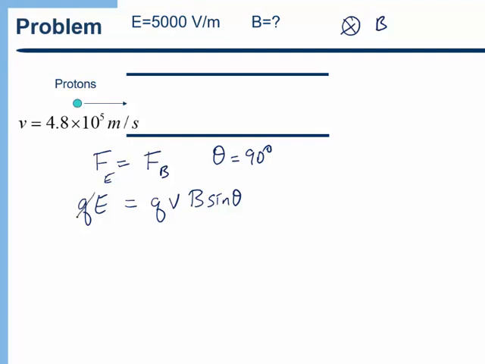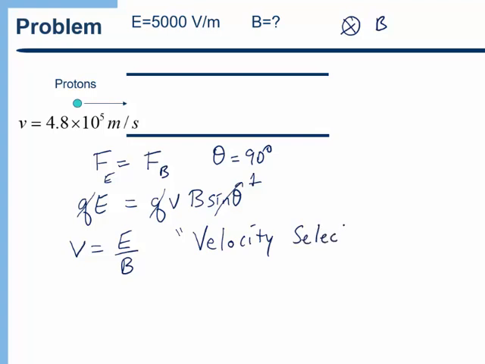So notice we can cancel out the charge on each side, and the sine of 90 is going to be 1. And what we get is that v is equal to E divided by B. Now, in the problem, we're asked to find the magnetic field, and we can do that in a second. But this device that we've just been looking at is called a velocity selector.